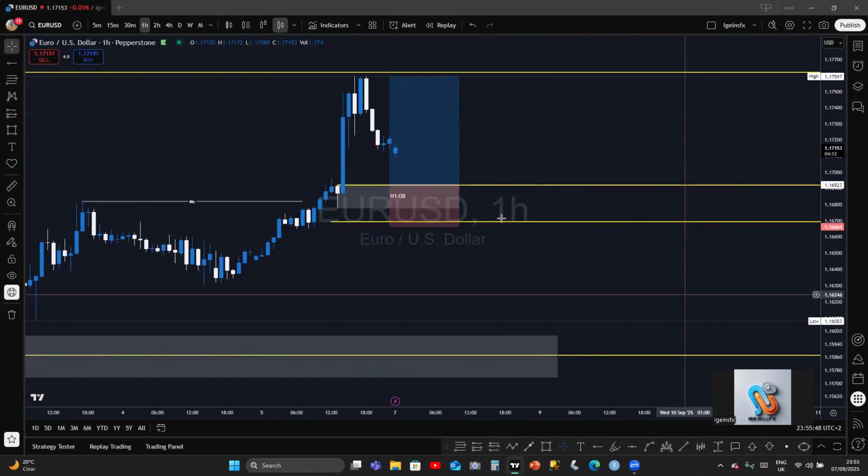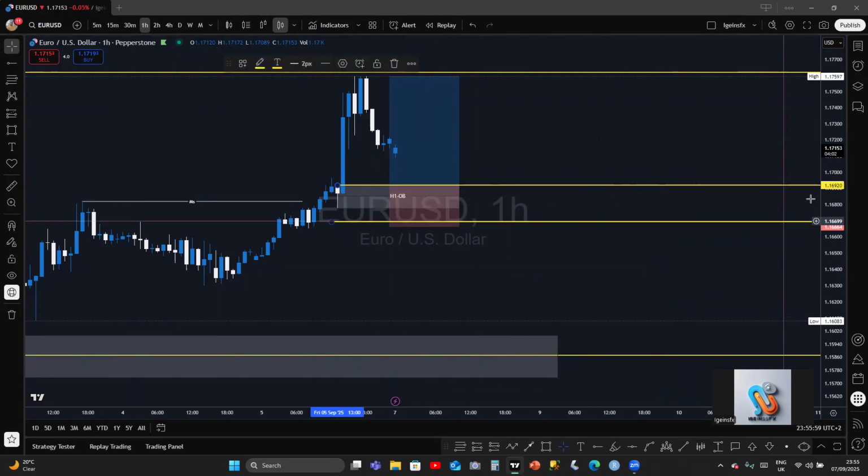So that being said, there's another block on 1 hour. So we're going to set our pending order here. So the coordinate is 1.16920. That is the entry, that is the pending order, buy limit order. That is what you are going to set here.